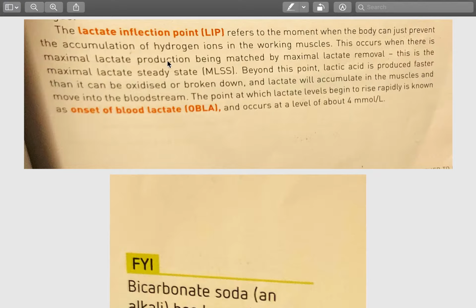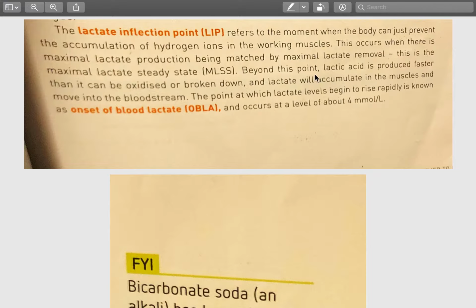So what ends up happening here is, when we start to produce more lactate than what we are able to remove, we have actually gone to the point where lactic acid is being produced faster than it can be oxidized or broken down, which means transported into the bloodstream, taken to the liver, turned into glycogen again.